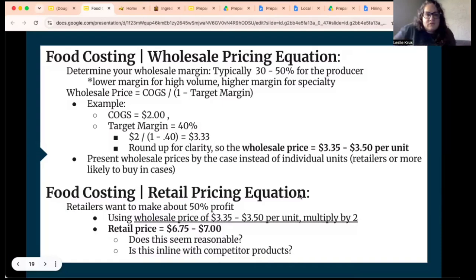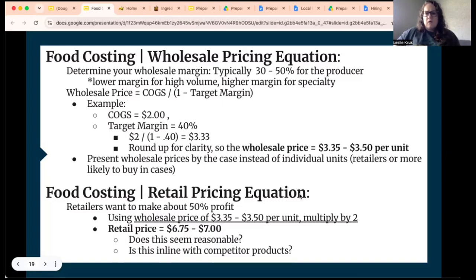Your wholesale margin is typically going to be 30 to 50% for the producer. You are the producer. Wholesale pricing, and utilizing these percentages, is the money that you are going to retain for this product. Of course, you're going to use a lower margin for something that you would make in high volume. Maybe you make cookies and you bust out a lot of cookies, and each recipe of cookies makes a lot.